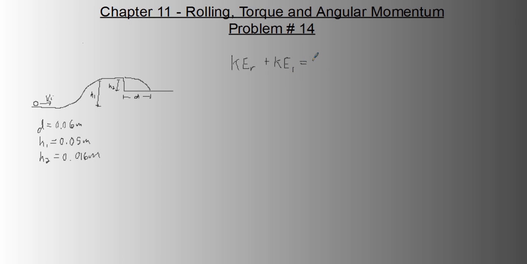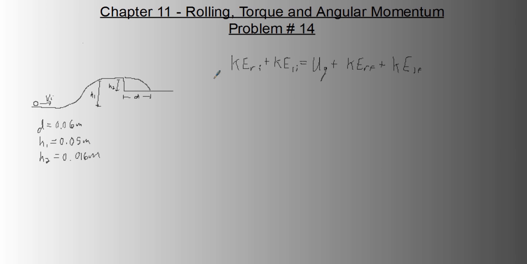That's going to turn into gravitational potential plus KE rotational final plus KE linear final. And that is going to give us our initial speed as a variable here. Everything else we know, or we will find out from projectile motion.